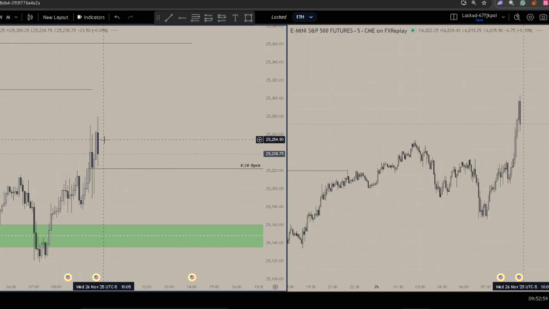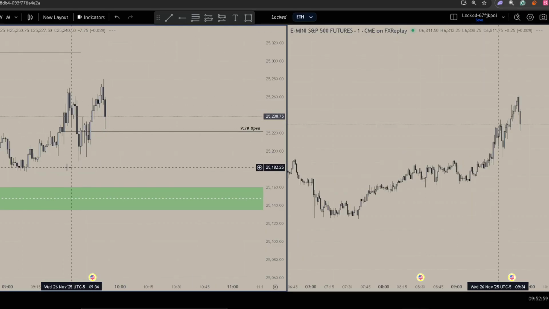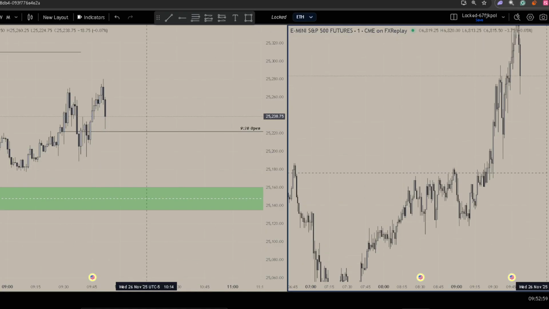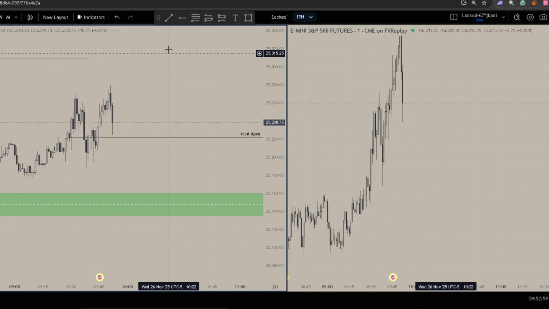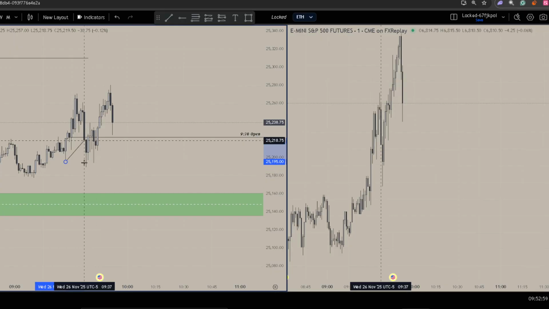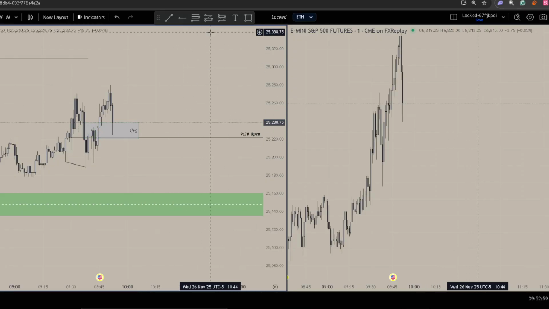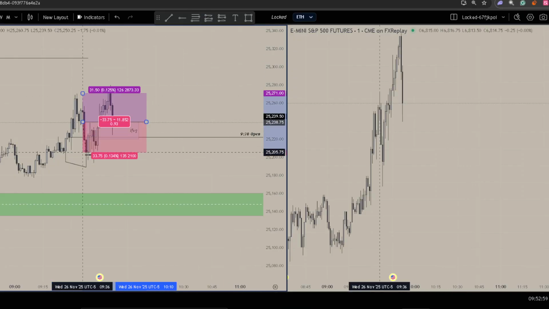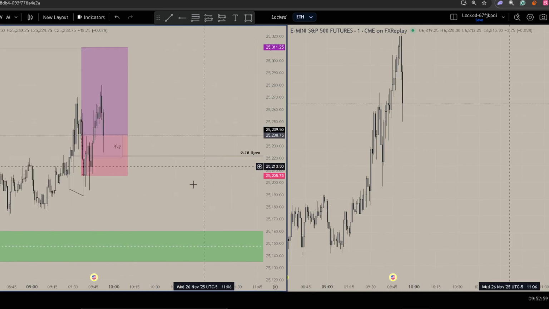Let me see something real quick. To be honest, this could be a potential trade. Is IFVG. Let me see if the RR aligns. Something like this could be a potential trade.